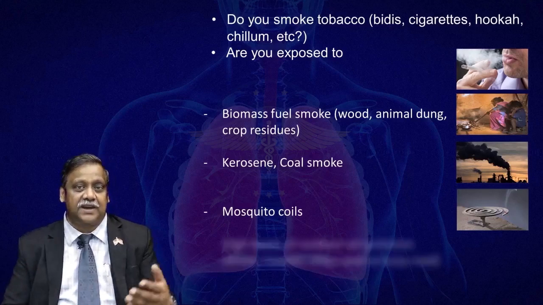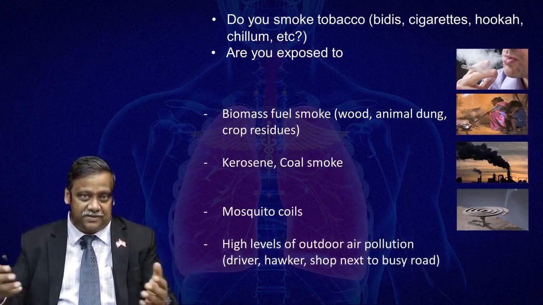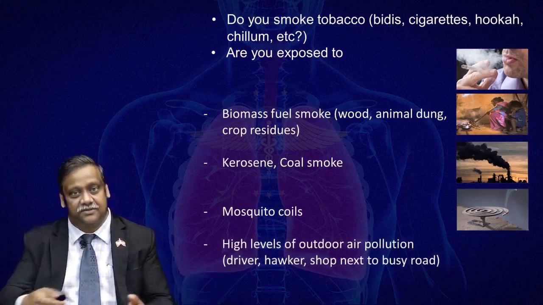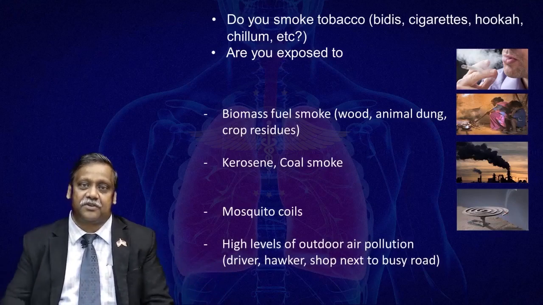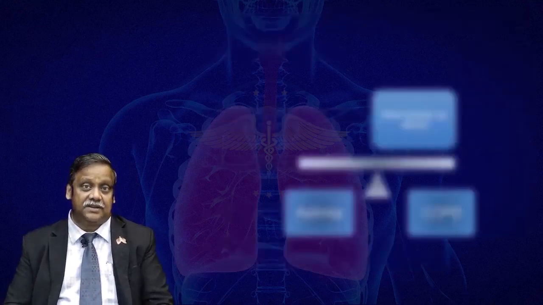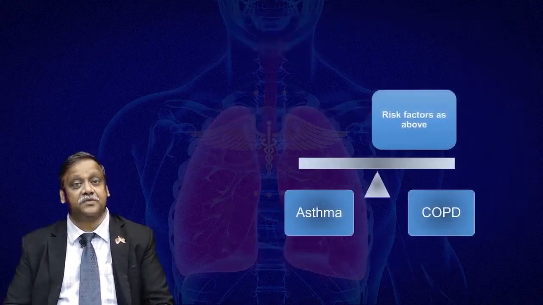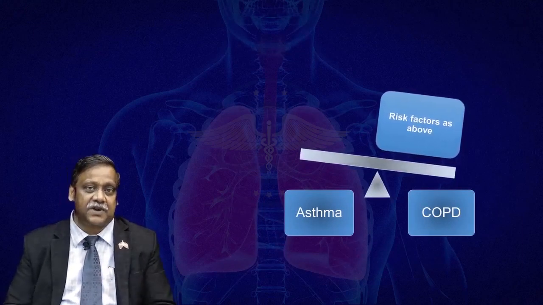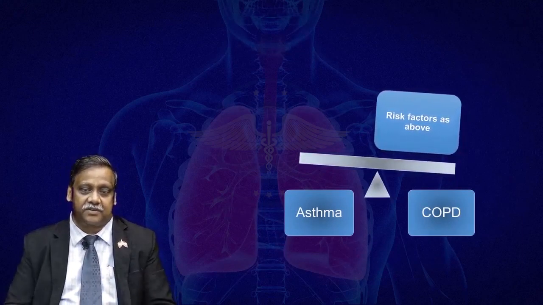Or if you are exposed to high levels of outdoor air pollution, you have a shop just next to the main road, you're a hawker, you sell stuff on the road, or you're a rickshaw driver or a bus driver, where you're exposed to high levels of air pollution, then we know that these are patients who are more likely to have COPD than asthma, because they have been exposed to high levels of environmental toxicants.